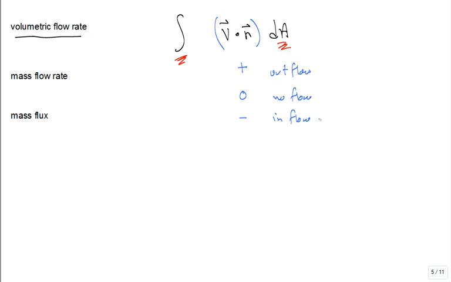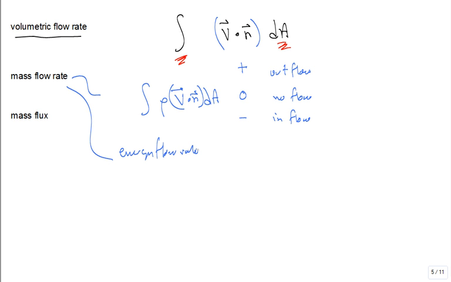Okay. Once we've got that volumetric flow rate, how do I get the mass flow rate? Well, you put a rho V dot n dA, integrate over all of the area. And then we could do the energy flow rate, which is the integral of e rho V dot n dA.